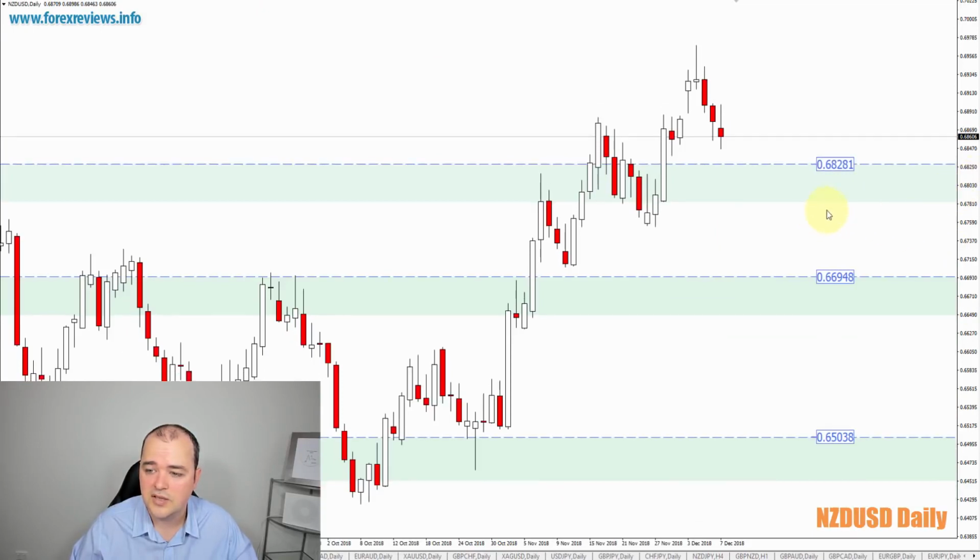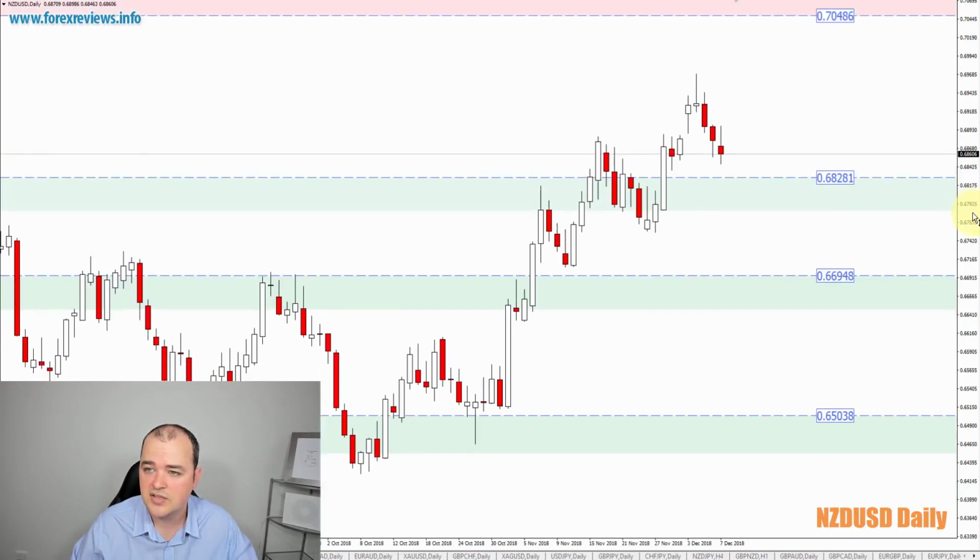So what I'd like to highlight is that if price tests this area this week, which I'm expecting it will, that this is an area on this market where I'm just looking for bullish evidence in this area. And if you see right bullish evidence in this area, then potentially looking for a move all the way up to this recent high, or potentially looking for a move all the way up to the 70.48 zone area to the upside.